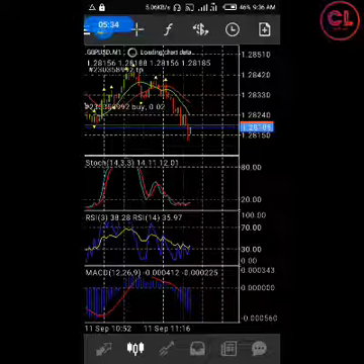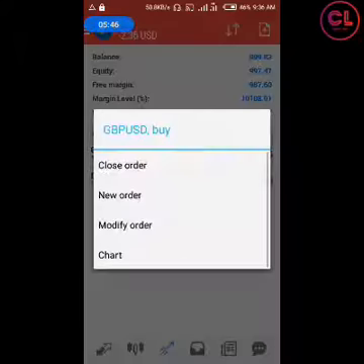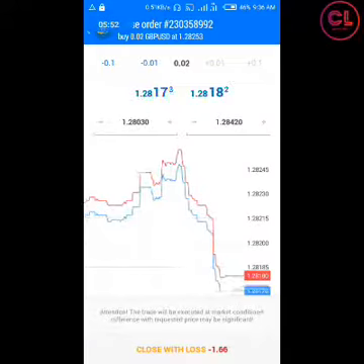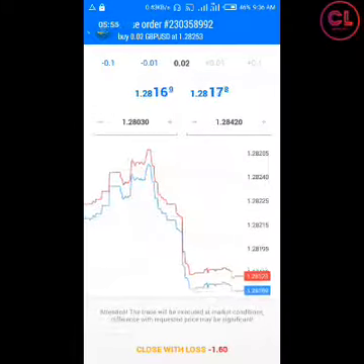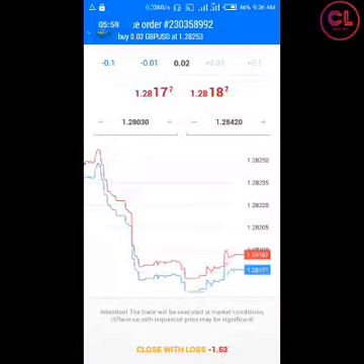Okay, and now if you see you're losing much money or you have already gotten the gain that you want, or maybe for some reason you want to close the trade, just click on the trade you want to close and click on close order. They will show you, do you want to close with a loss of such and such, then you close it.